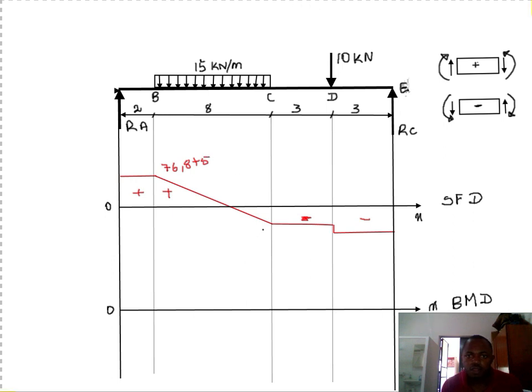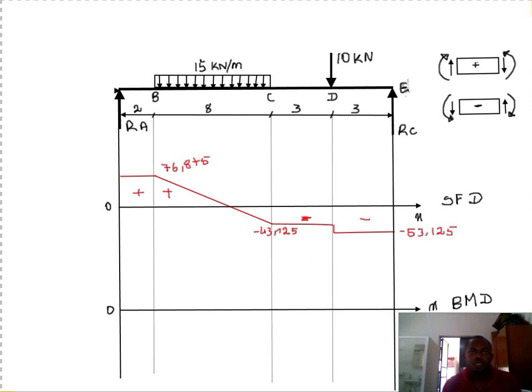The value here is minus 43,125, and the value here is minus 53,125. We're done with our shear force diagram.